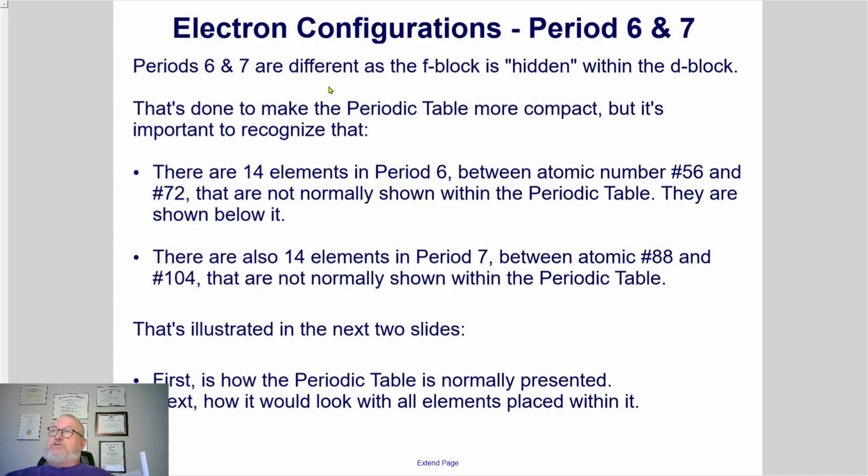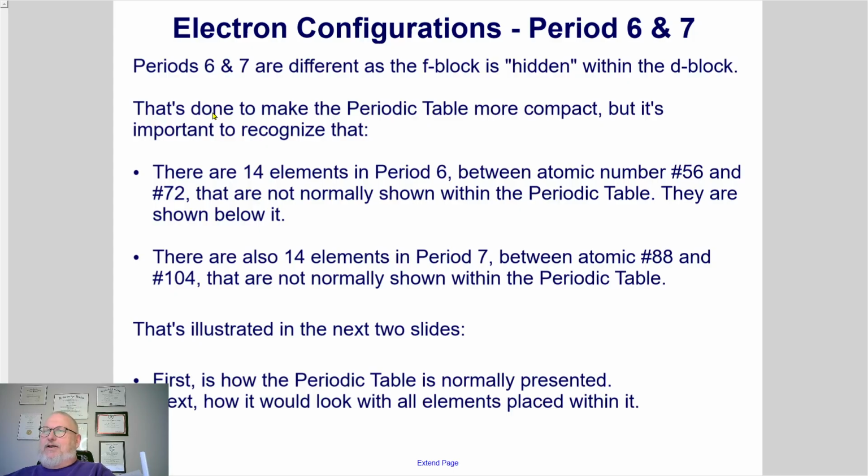Now, when you get to periods 6 and 7, there are hidden blocks. That's what the f's are. They're hidden within the d block. There are 14 elements in period 6 between 56 and 72. They are normally below the table. In period 7, there's another 14 elements between 88 and 104.